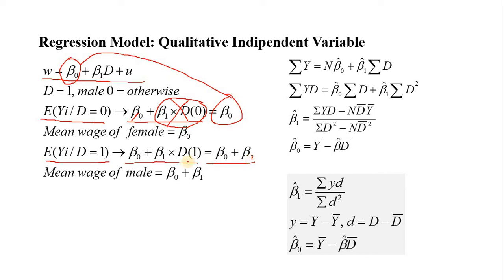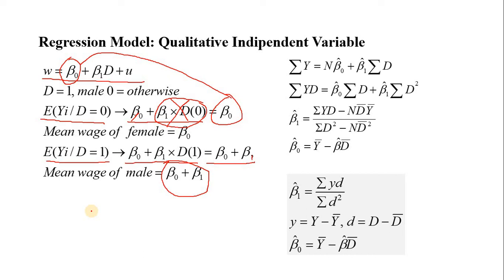So the mean wage of male is beta 0 plus beta 1. Female wage is beta 0, male wage is beta 0 plus beta 1.